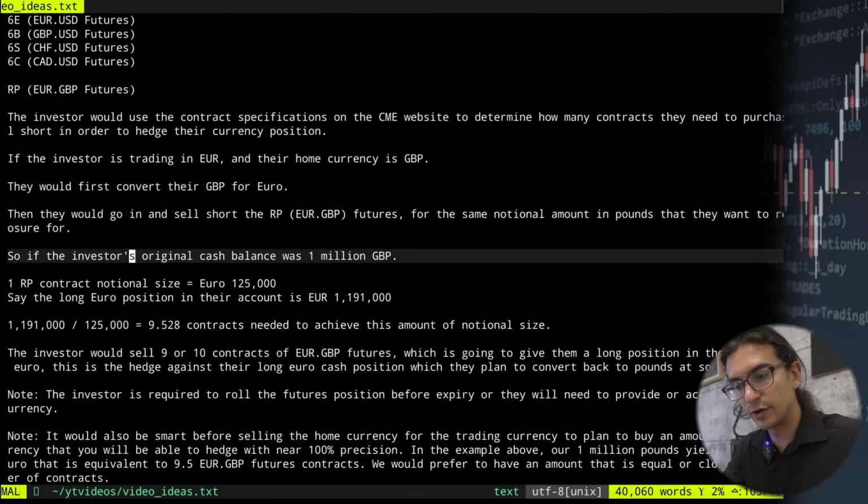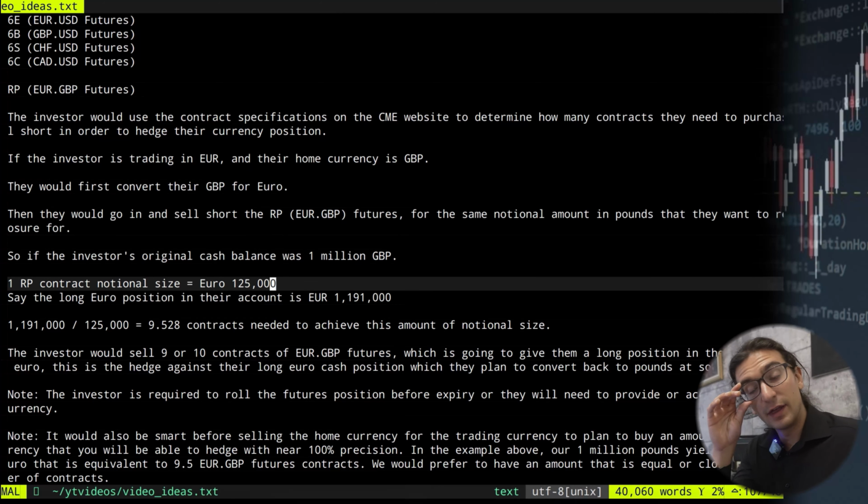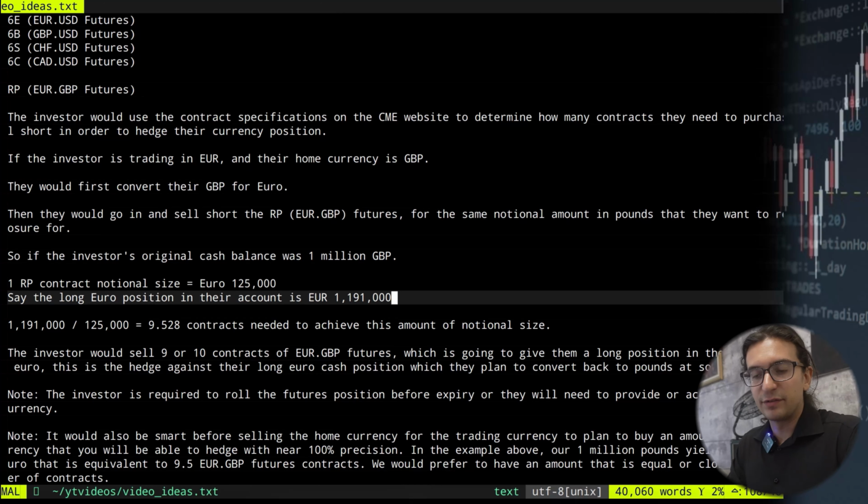So if the investor's original cash balance was 1 million British pounds, you have to then use the notional contract size of the futures contract, which, like I just showed you, is 125,000 euro. What they want to do is sell short that futures contract for the amount in euro cash that they've converted their pounds to already. So if you've been following, the long euro cash position that I stated earlier was 1,191,000 euros.